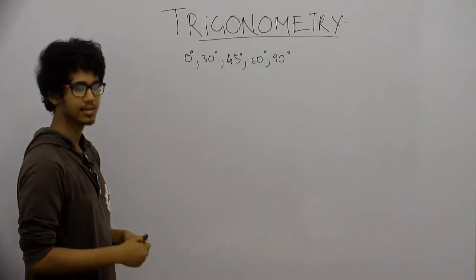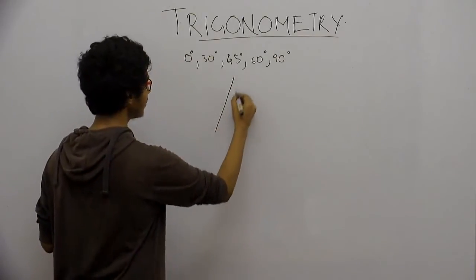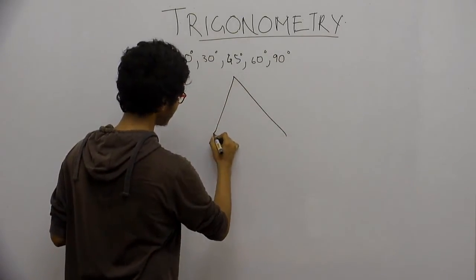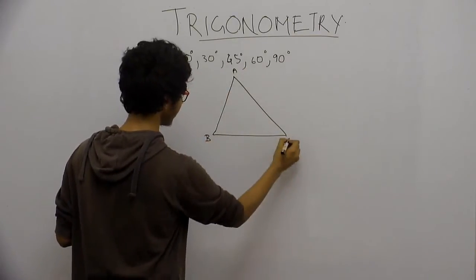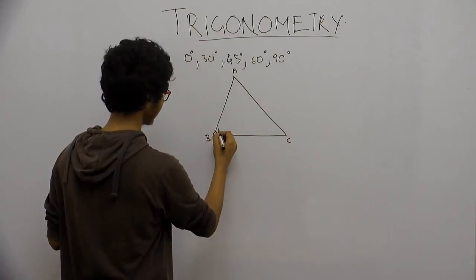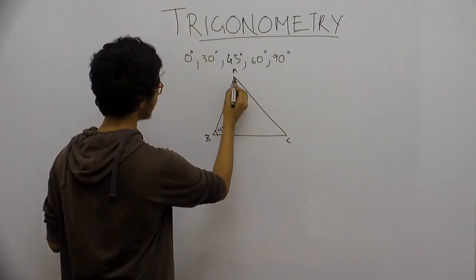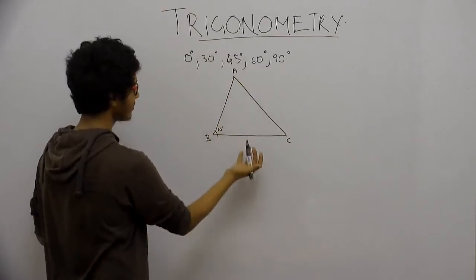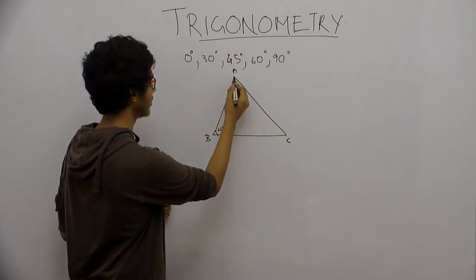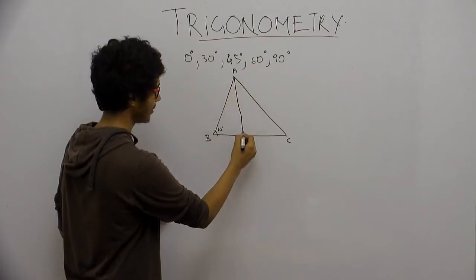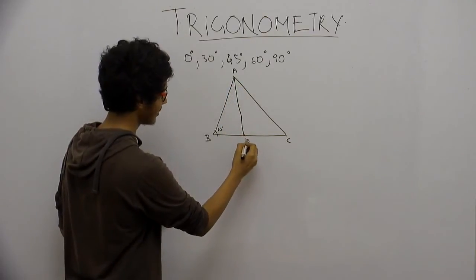For 30 and 60 degree, let us assume an equilateral triangle first. A, B, C. This angle is 60 degree. We now draw a median or an altitude. In an equilateral triangle, everything is the same, and this cuts at exactly the midpoint.